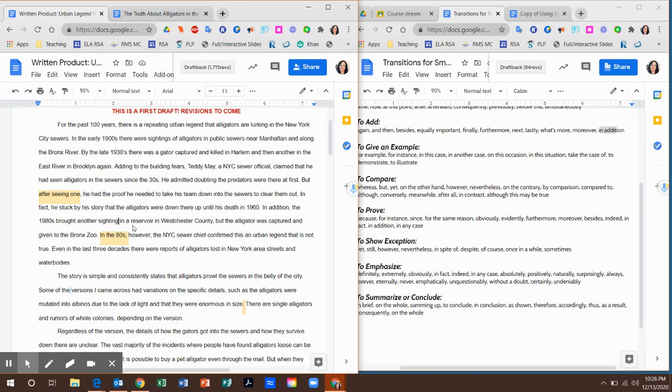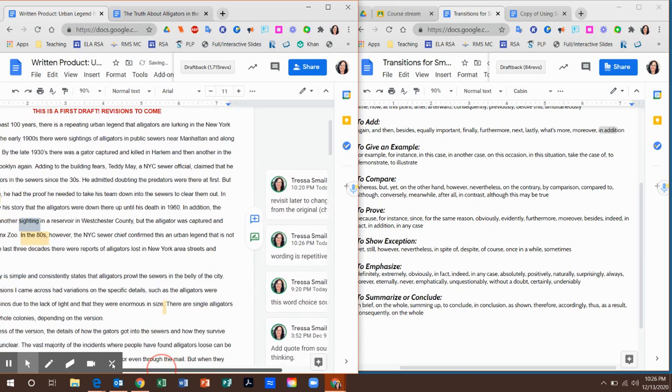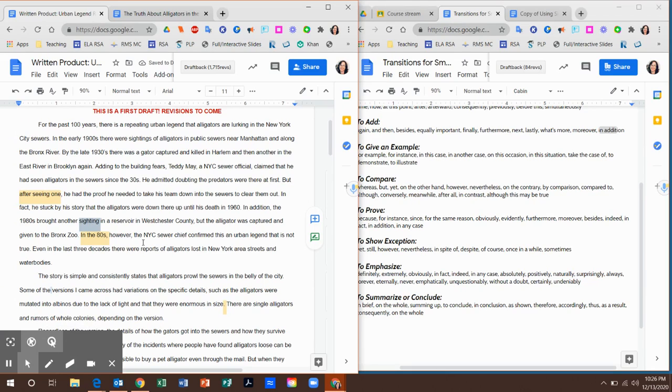Okay, I'm going to leave it for now so I stay focused on the transitions. But again, I'm going to leave a note to myself to check that repetitive wording later. "Brought another sighting in a reservoir in Westchester County, but the alligator was captured and given to the Bronx Zoo."